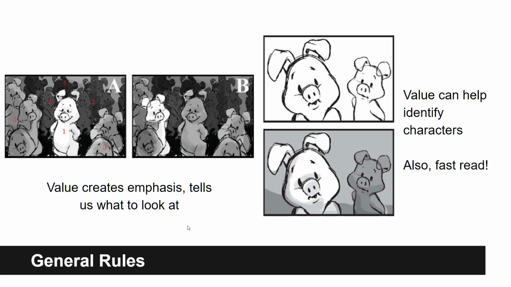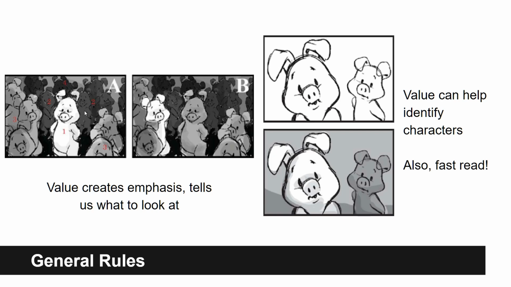We can also use value to create emphasis on very specific things. So you can see in this example here, on the left-hand side, because the environment, everything that's around them, the less important elements or characters are all a lower value, and this one distinct character pops out as being brighter than everything else, then it has the highest order of importance.